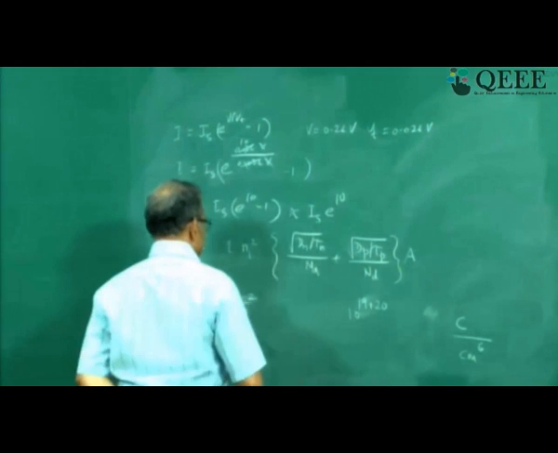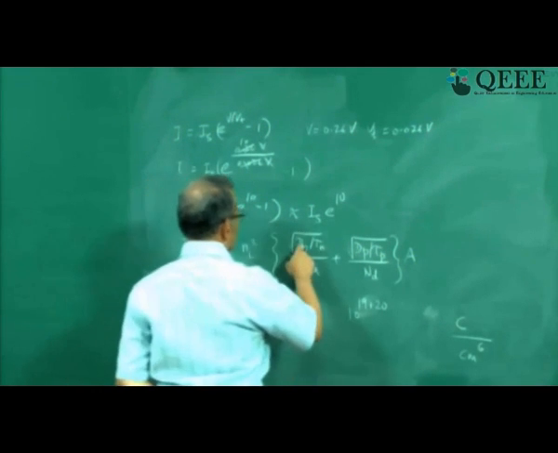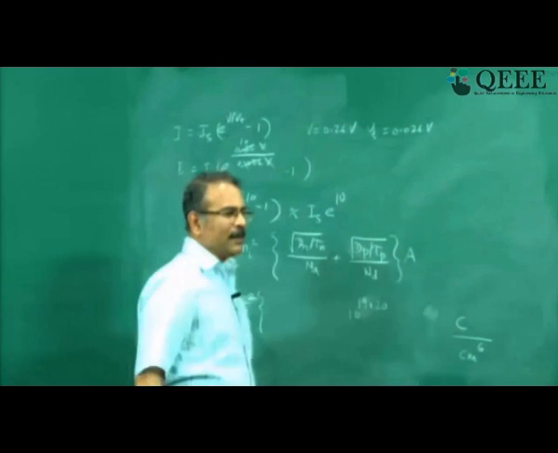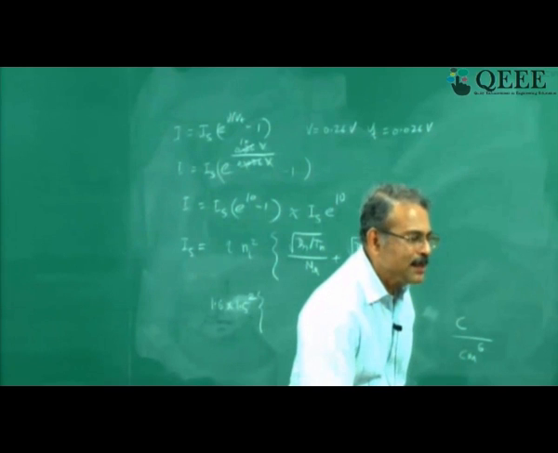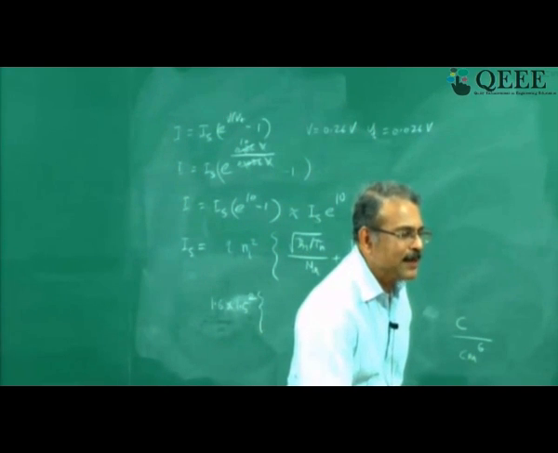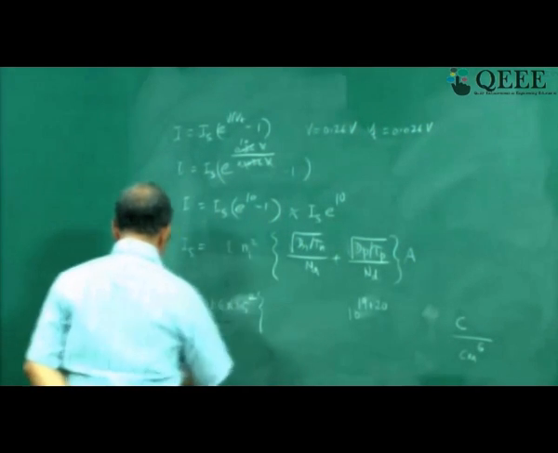Okay, now I enter inside. Square root of Dn by tau n. Dn is given as 18 centimeter square per second and tau n is given as 100 nanoseconds. So maybe I can do that calculation separately.